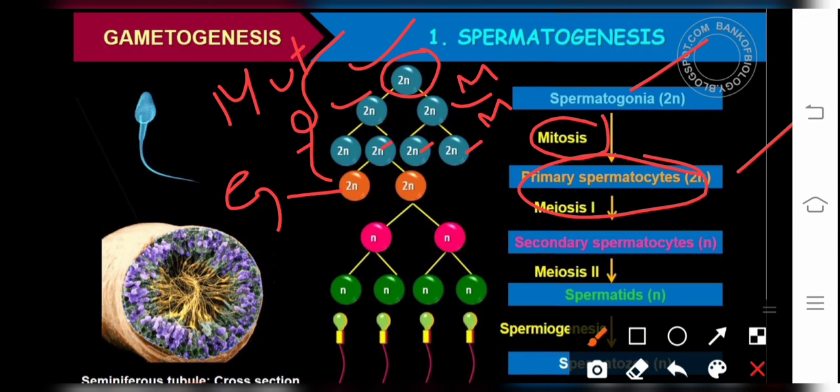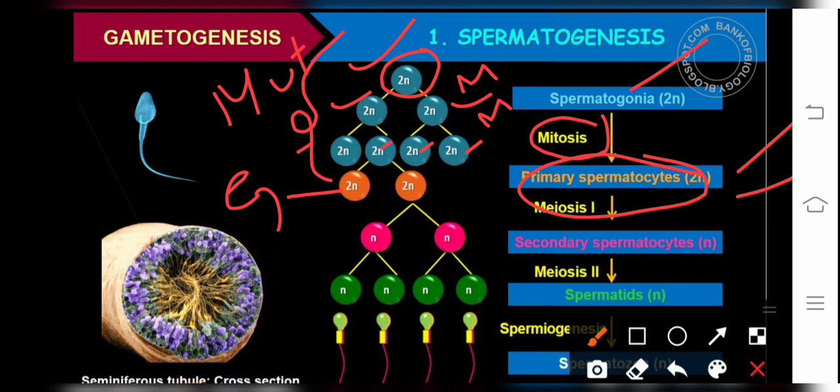Obviously all these cells are going to be diploid. Then there is an increase in size, there is no change in the number of chromosomes. So the primary spermatocyte, which is this cell, is now diploid, right?